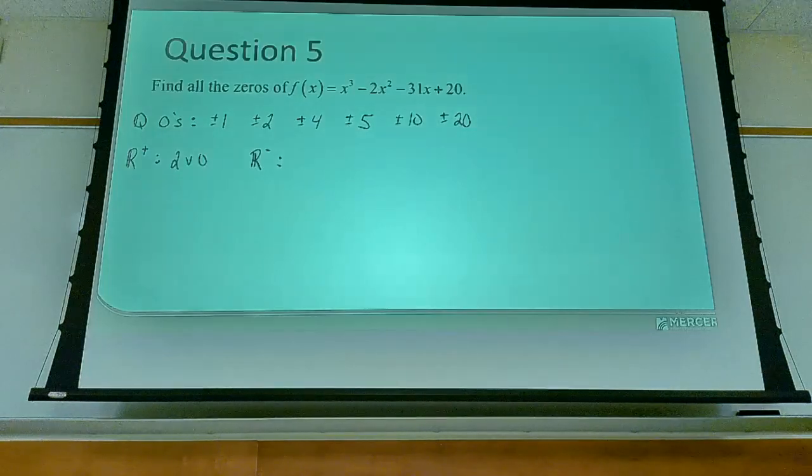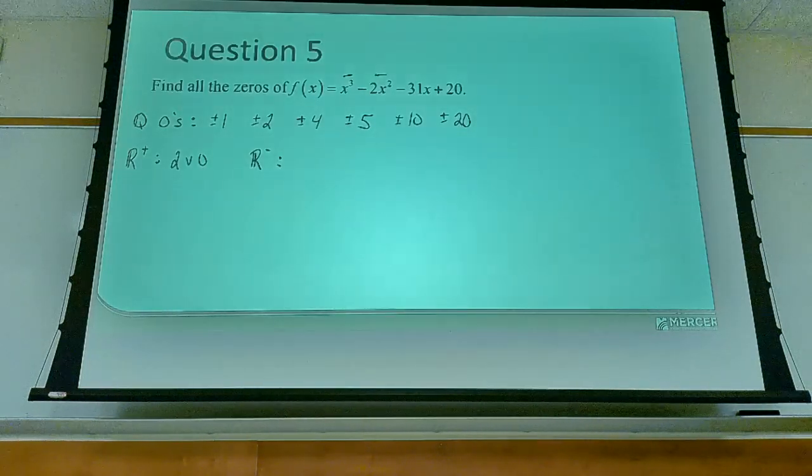Negative, right? Sign changes. Oh, x squared, sign stays the same. X, sign changes. 20, sign stays the same. How many sign changes are there? 1. So we're guaranteed a negative 0.